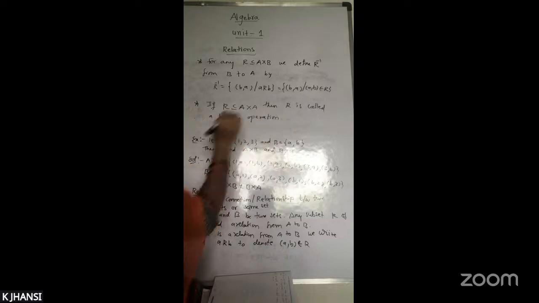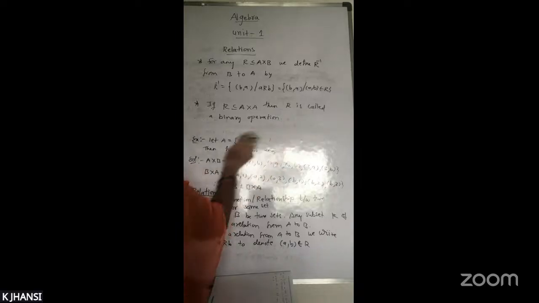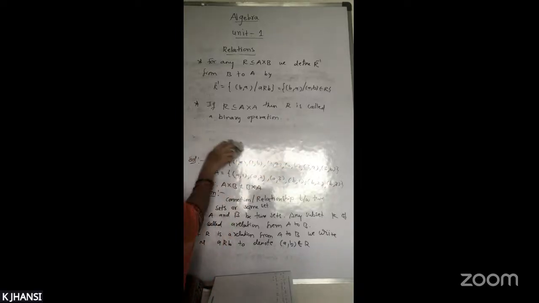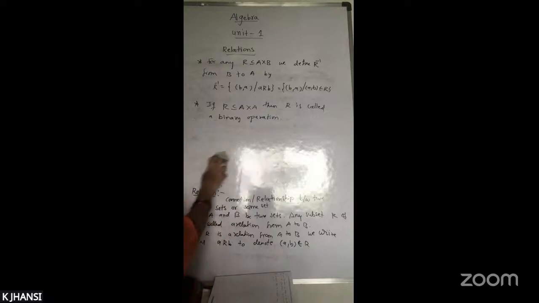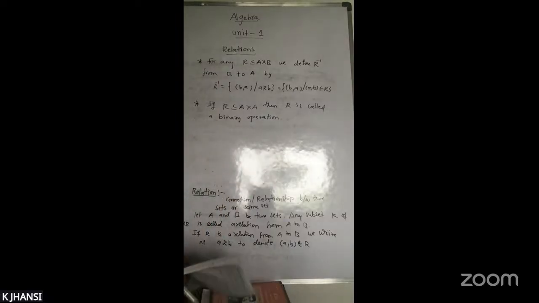So depending on this binary operation, whatever the definition is, we have three types of relations: the reflexive relation, the symmetric relation, and the third one, the transitive relation.